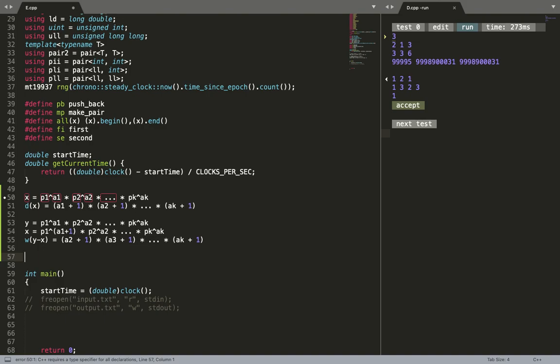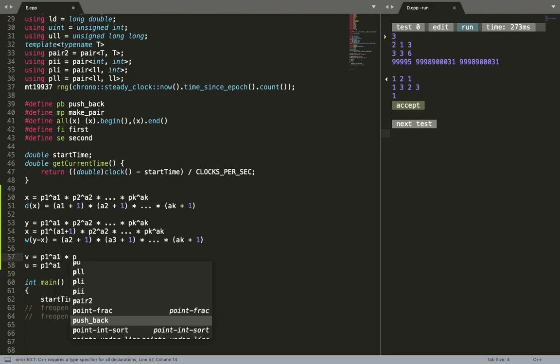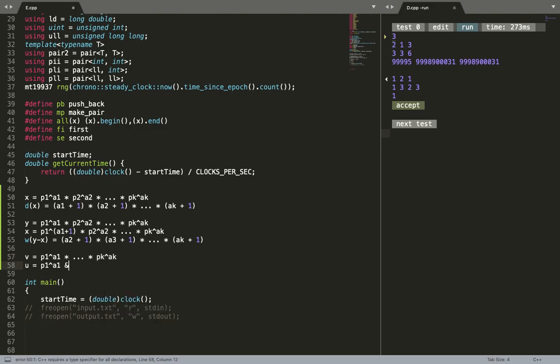Now when we have two vertices between which we want to find the path, they have some primes for which they have equal powers. Then they have some primes for which this vertex has greater power.